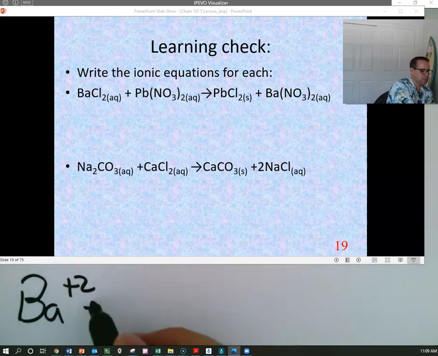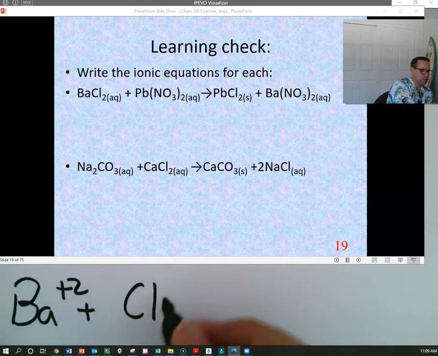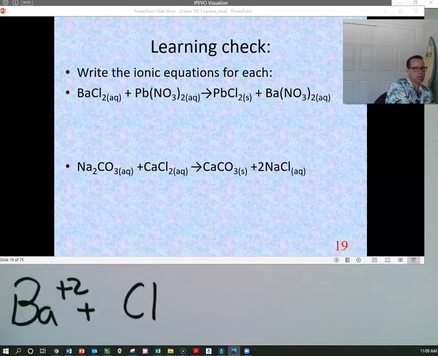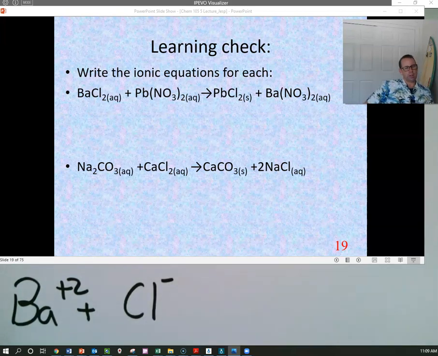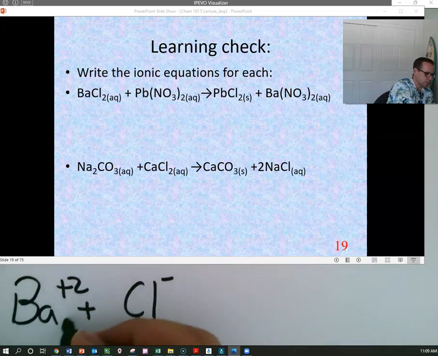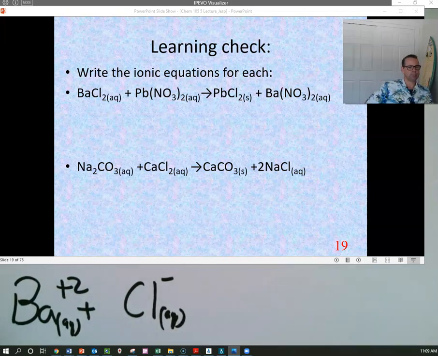And then what's the other ion? Chloride, Cl, chloride ion. What's the charge on the chloride ion? -1. Very good. Is that right? Am I done or am I missing something? Aqueous, that's right. Very good. Anything else I'm missing?